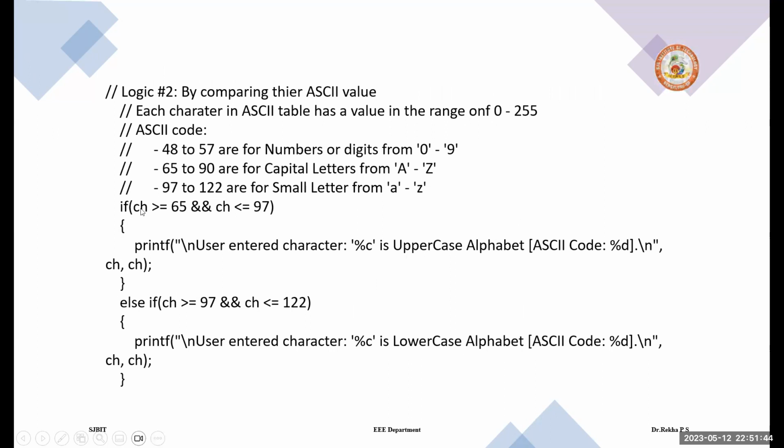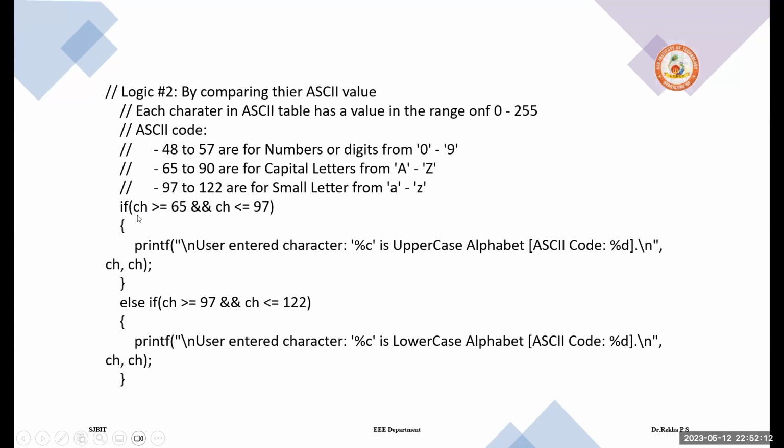If ch, the variable, is greater than or equal to 65, and this double ampersand means and, the same variable is less than or equal to 97. See, when I use and, it is compulsory to check both, and both should be true, only then it will get inside.